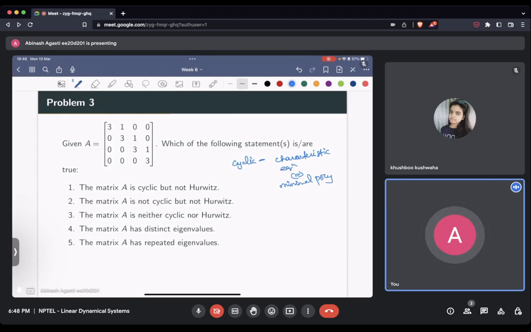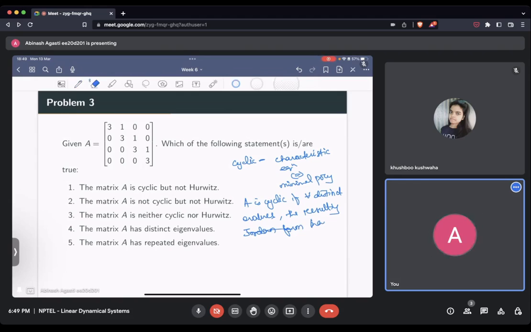But let us leave this definition aside and use another equivalent definition which is easier to check: matrix A is cyclic if for all distinct eigenvalues, the resulting Jordan form has only one block. So basically, every distinct eigenvalue has only one Jordan block associated with it.